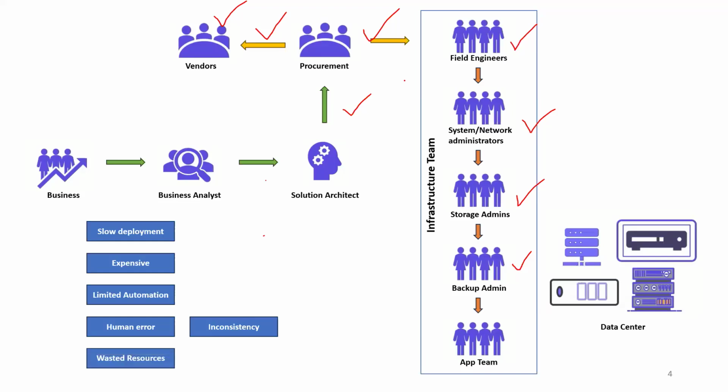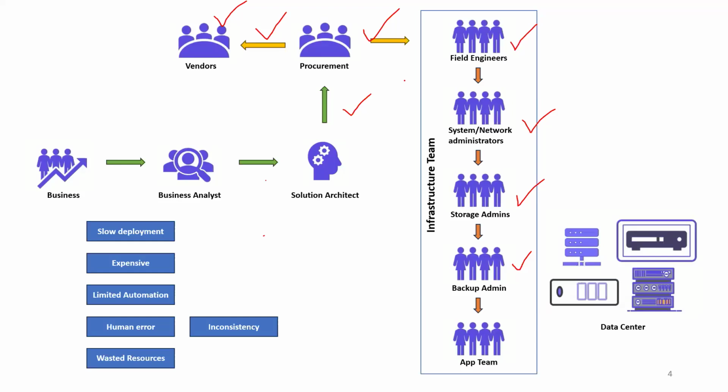Another major disadvantage is wasted resources. Underutilization of the compute resources is one of the biggest disadvantages in the traditional working model. So when you are following a traditional working model, these are the challenges that people are facing: a slow deployment model, expensive, limited automation, human error, inconsistency in the environment, and wasted resources.